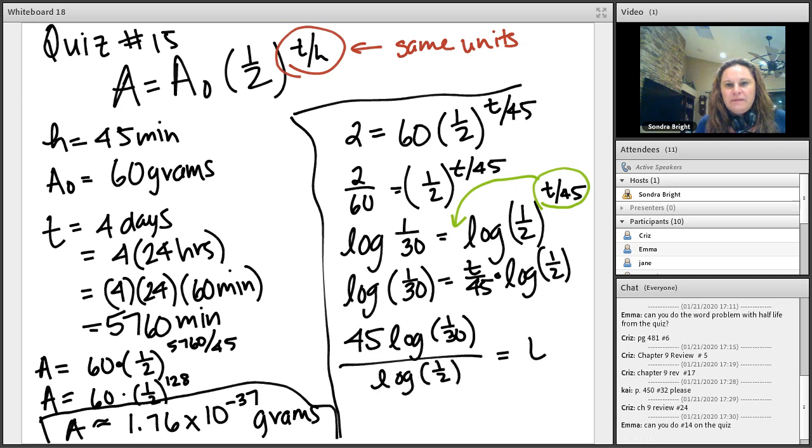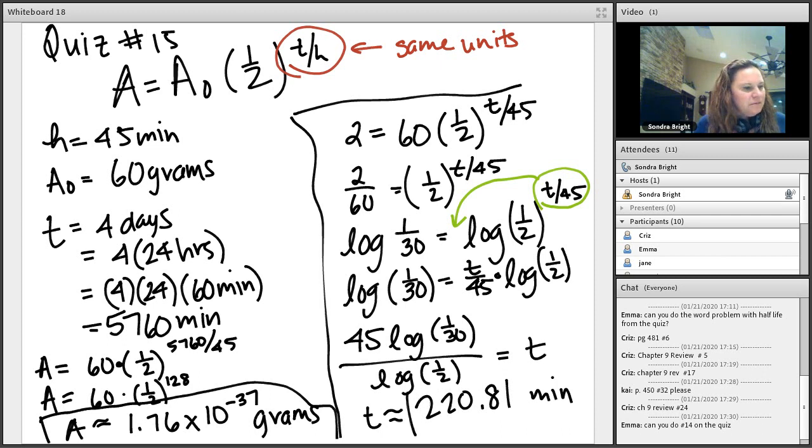That's going to give you your t, which I got was 220.81 minutes. It didn't say where to round, huh? No, so I just left it like that. Okay, that was the half-life one.